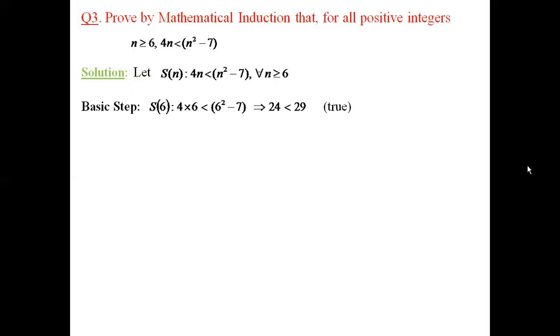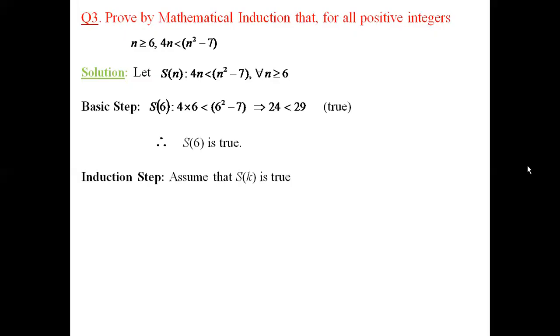On simplifying, we are getting 24 is less than 29, which is a true statement. Right? 24 is obviously a lesser value compared to 29. Therefore, S of 6 is true. So we have proved the basic step for n equal to n naught, that is 6 here.